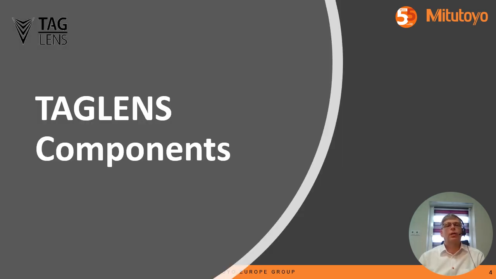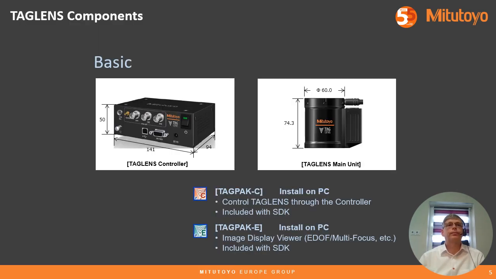So let's start with the TAGLENS components. The basic components consist of a TAGLENS controller and the TAGLENS main unit. The TAGLENS controller is controlled via a software called KSC.